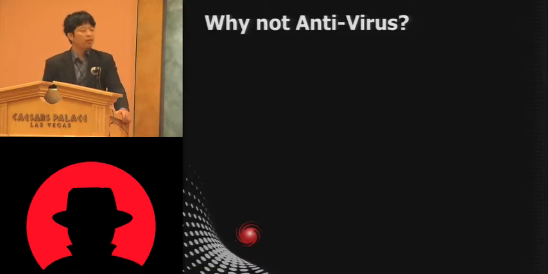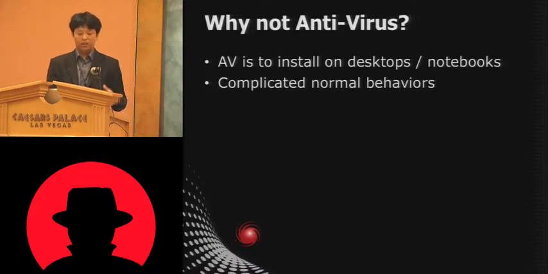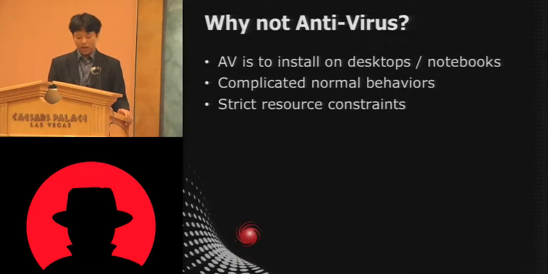So why not antivirus? Why is it so hard for antivirus to detect the drive-by download threat? Well, antivirus is designed to install on desktops and notebooks. On desktops and notebooks, there are a lot of very complicated behaviors, a lot of heterogeneous apps installed, and it's very resource constrained.